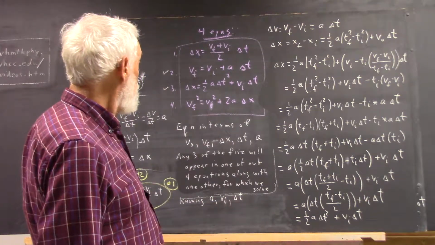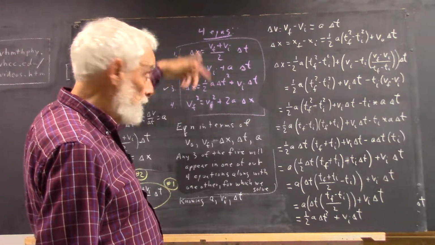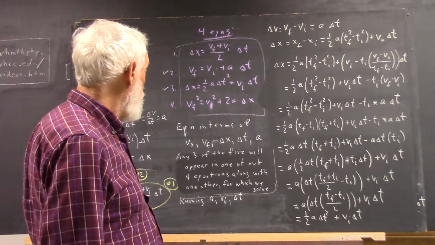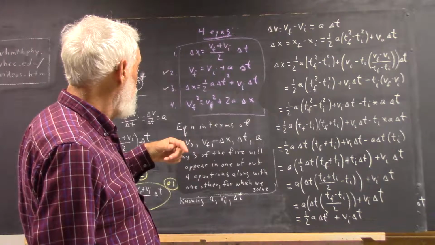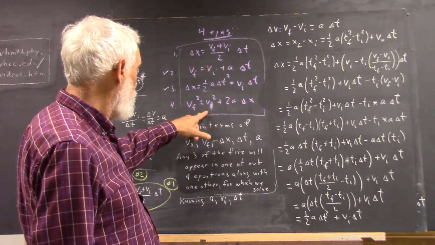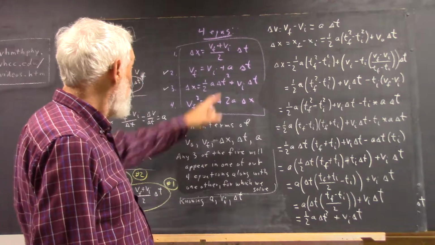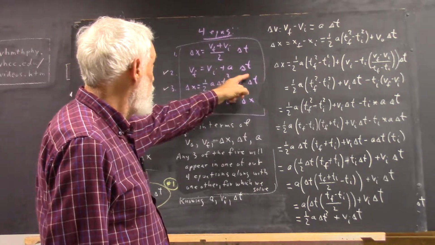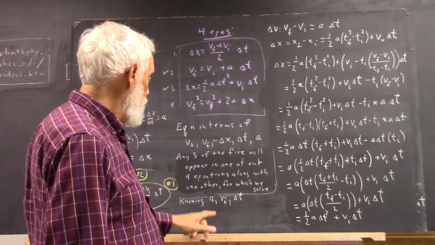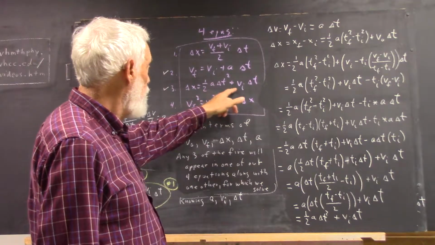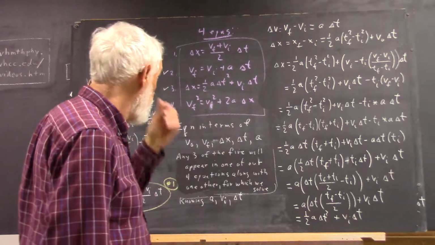Well, we can eliminate the first equation as a possibility because it doesn't have A. We can eliminate the fourth equation because it doesn't have delta t. Now, let's see, we've got A, VI, and delta t here, and we've got A, VI, and delta t here.